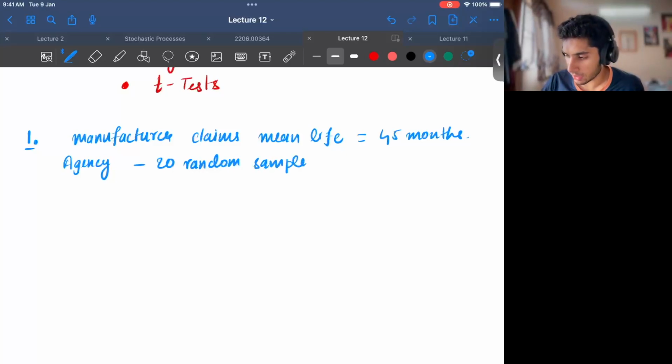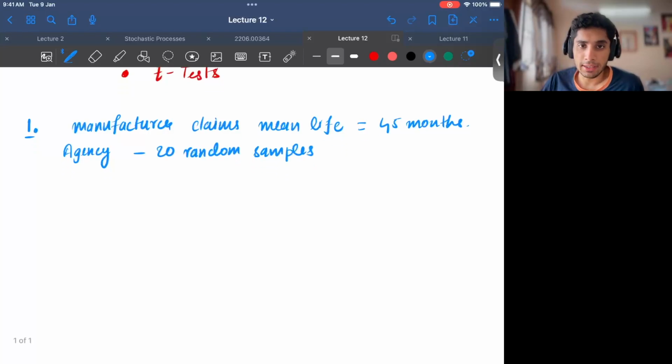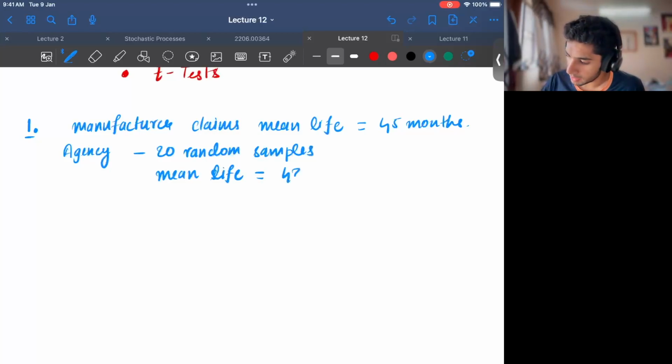They take 20 random samples and they find the mean life of the sample to be 43.05 months. They find this thing, right? So mean life they find it to be 43.05 months.